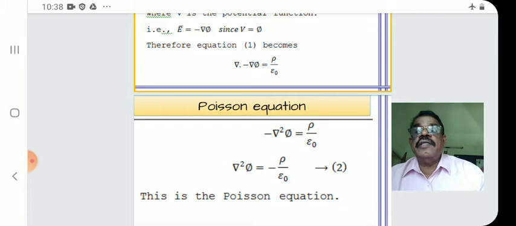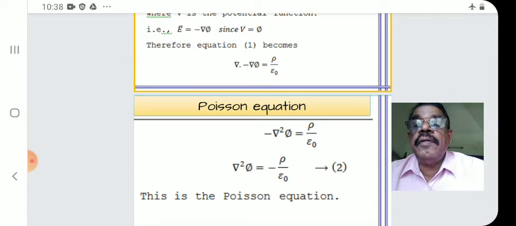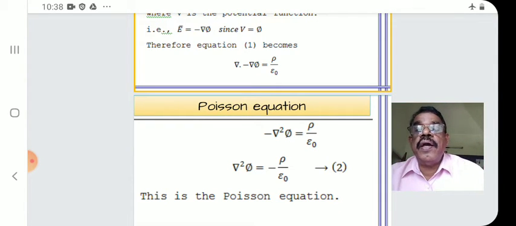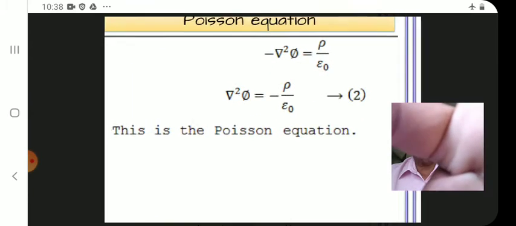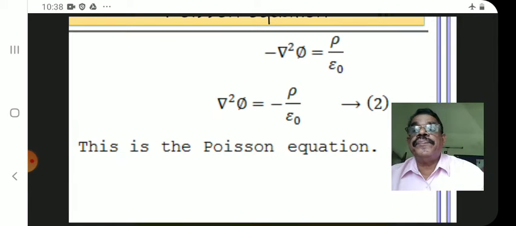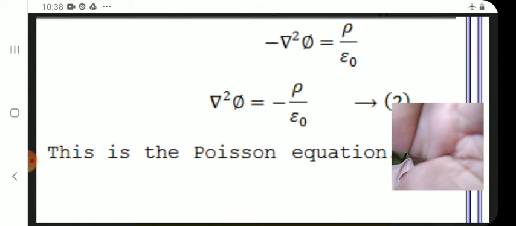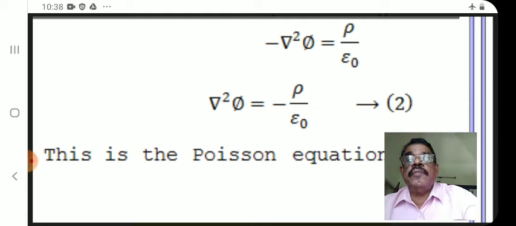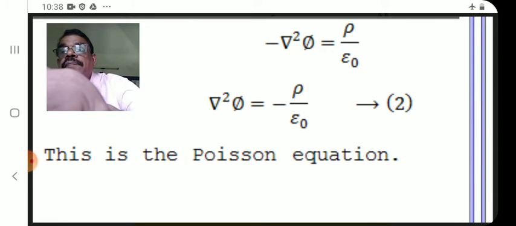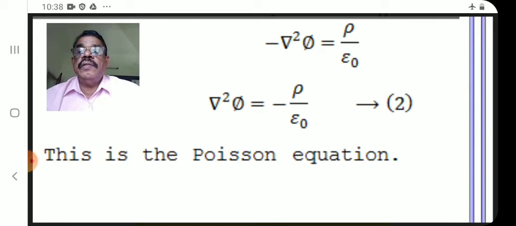The minus sign is taken out of the bracket. Del into del is del square. Del square phi is equal to rho by epsilon 0, with the minus sign taken to the right. Del square phi is equal to minus rho by epsilon 0, equation number 2.